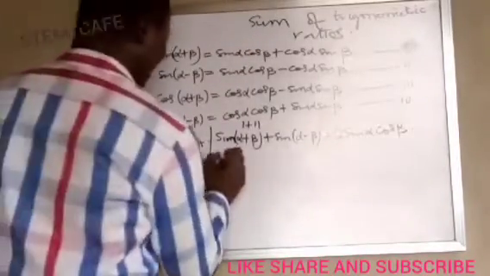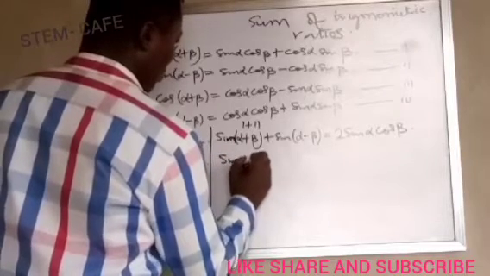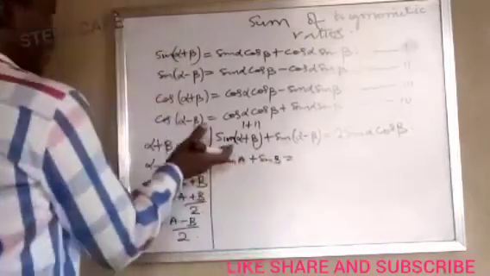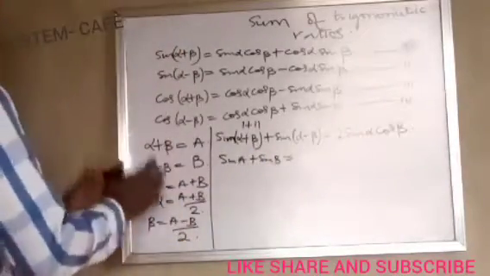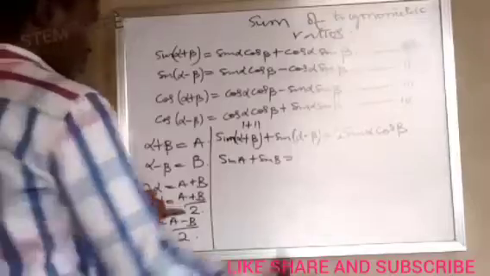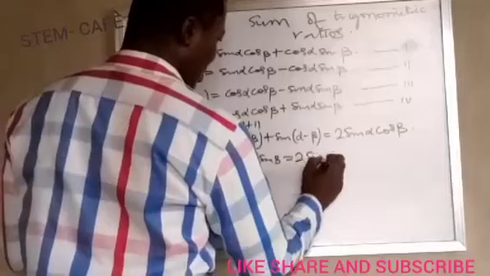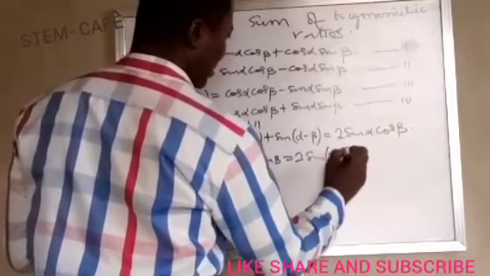From here, you can see that this is sin A plus sin B. We are trying to express this equation in terms of A and B only. So, alpha is A plus B over 2. So, we have 2 sin A plus B over 2.